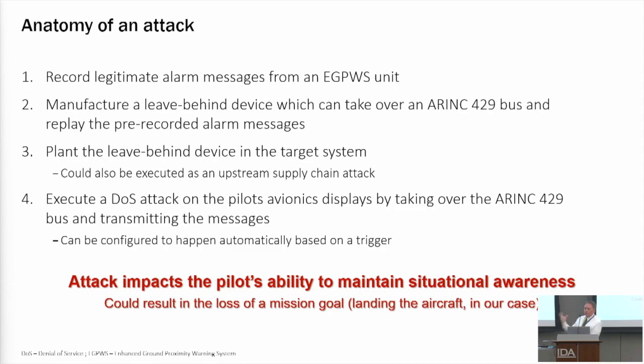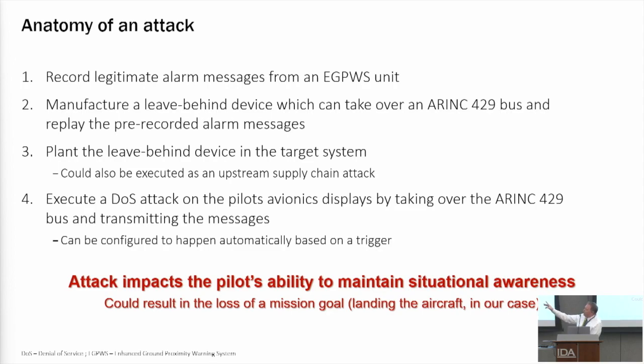Number two, we create this leave-behind device and somehow get it into the aircraft, and it can take over that ARINC 429 bus and play those messages. That was actually three, I guess. Two and three are combined there.